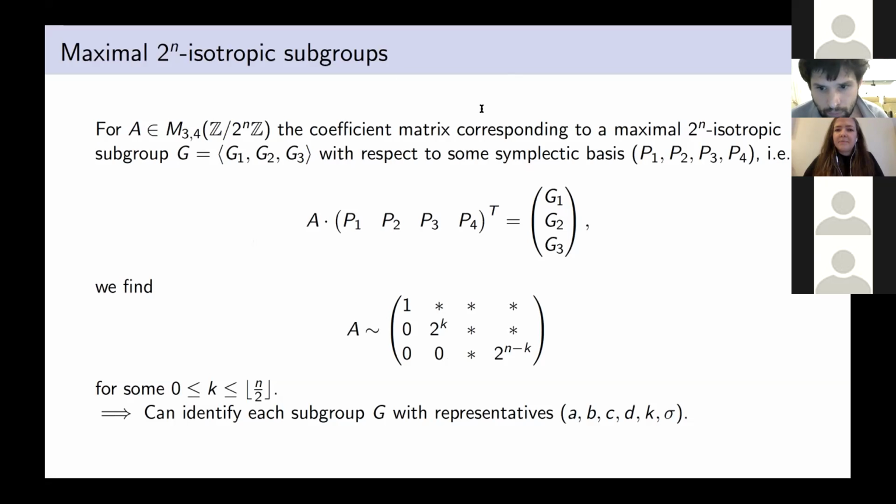And it's possible that during this elimination process we have to permute some of the columns, but this doesn't affect the subgroup in the end. And if we fix some rules for applying these column permutations, we can uniquely identify each subgroup G with 4 scalars A, B, C, D, an integer K, which defines the structure of the subgroup, and the permutation sigma, which indicates the permutation of the columns.